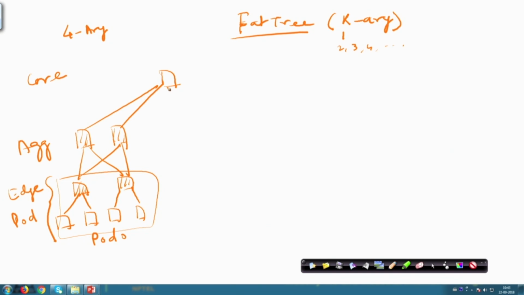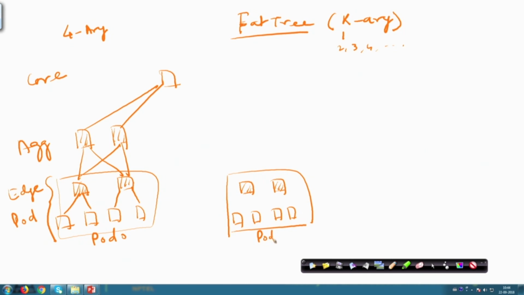So, you are going to have another pod like this, and these are your servers. These are the switches, and these are your different servers or computers, etc.